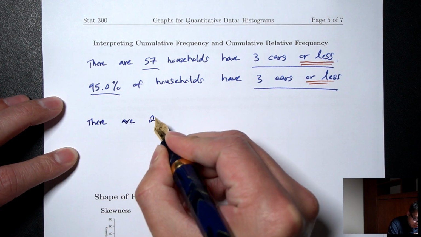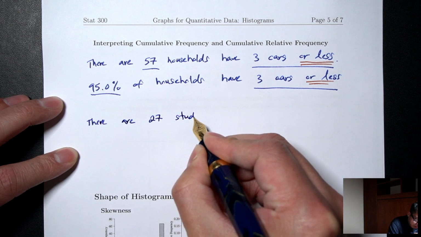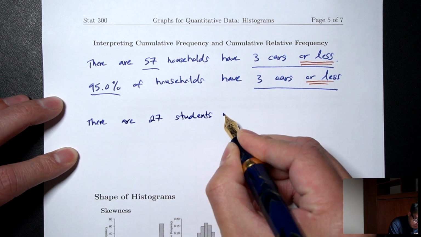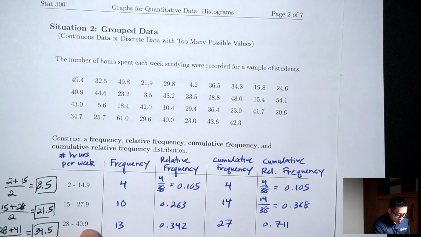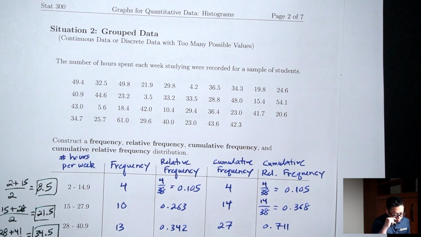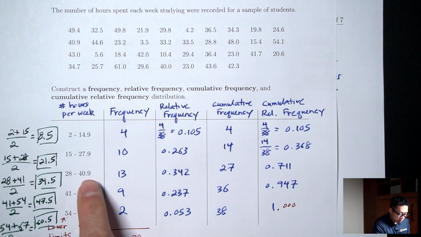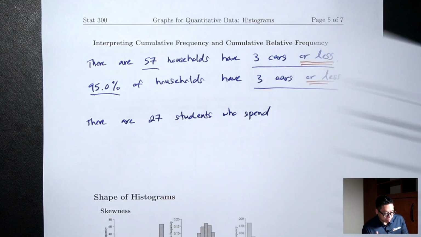You said it was 27? Who spend, because it includes this range and then everything before it. So the easy way to write that is to say 40.9 hours or less.